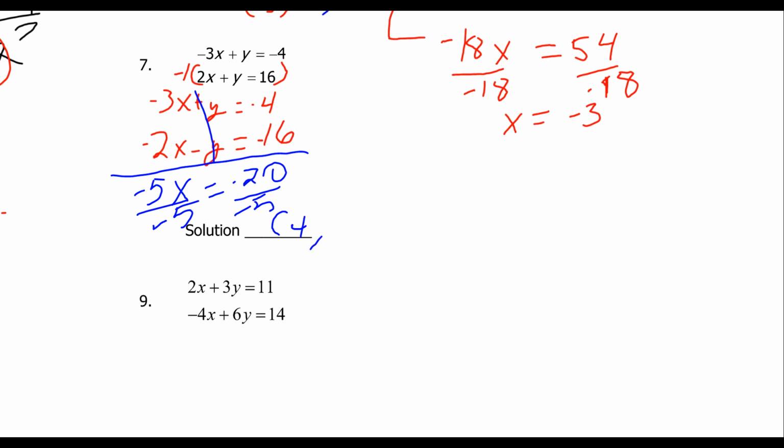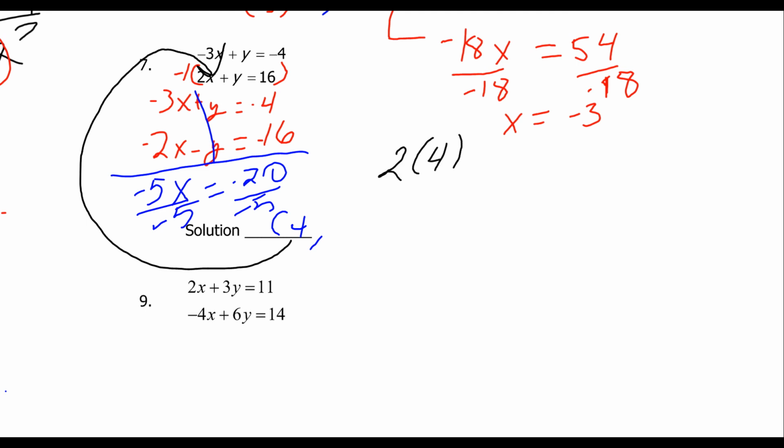Now, I can take this 4 that I have and plug it back into the top. And plugging that back into the top is going to give me something that I can work with. I take this x and plug it right there. We're going to go 2 times 4. That 4, I want to do that in blue, because that is the color that we came up with that answer in.